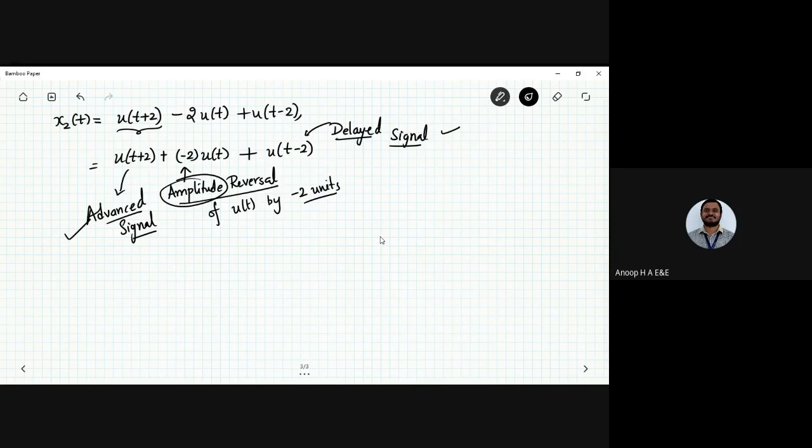Now, let me sketch each and every signal carefully. Now, u of t plus 2: 0, this is 1, this is 2, this is 3, this is minus 1, minus 2, minus 3, this one is 4, this one is 5. So u of t plus 2 is an advanced signal. How shall I write it?